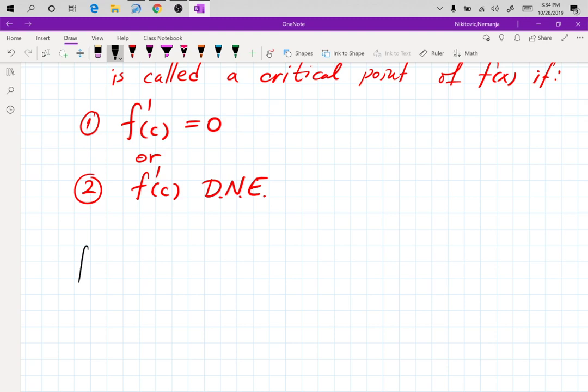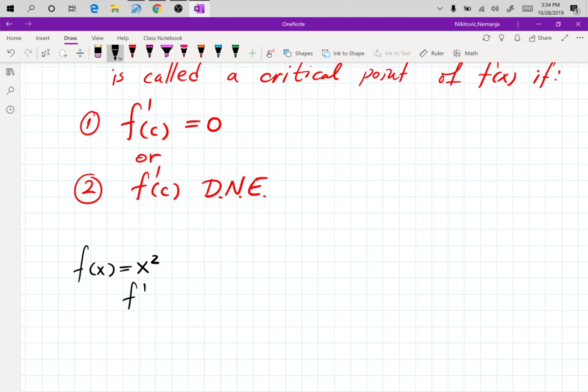So here's the example. If f of x is equal to x squared, you all know where the point is, right? You know where it is, but now we're going to calculate.